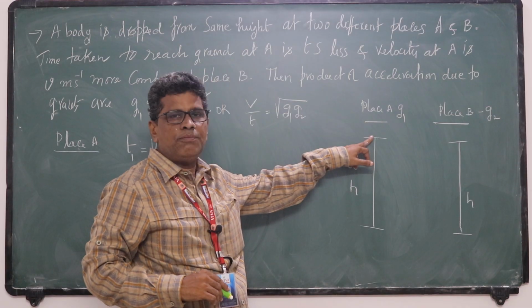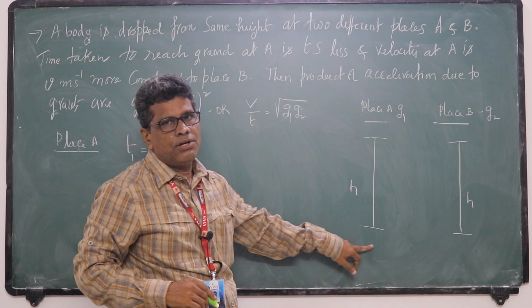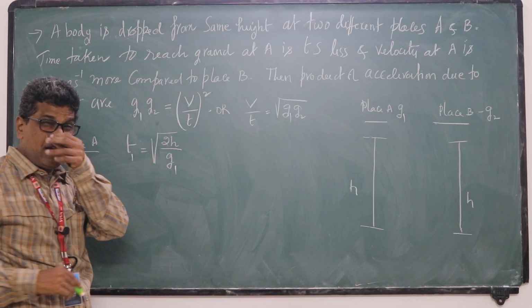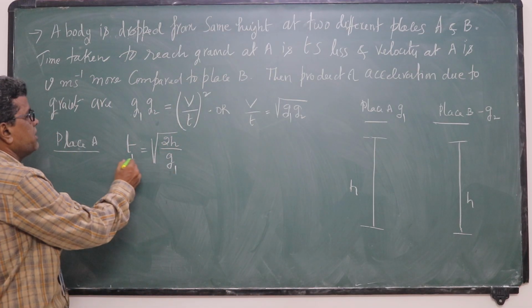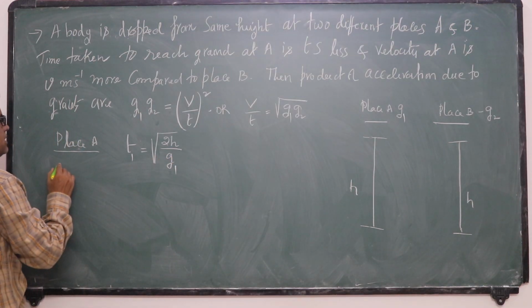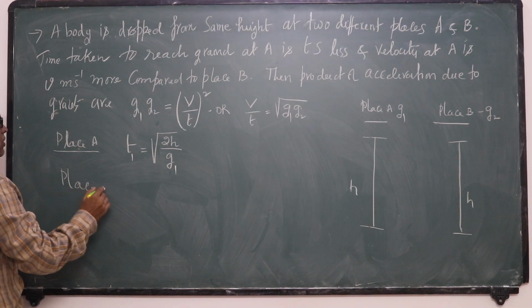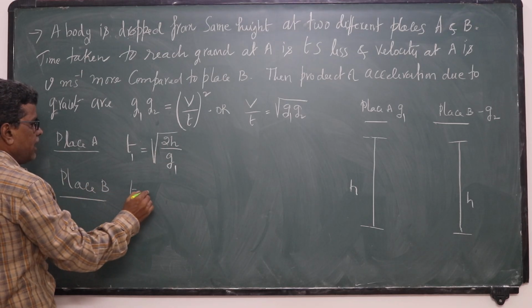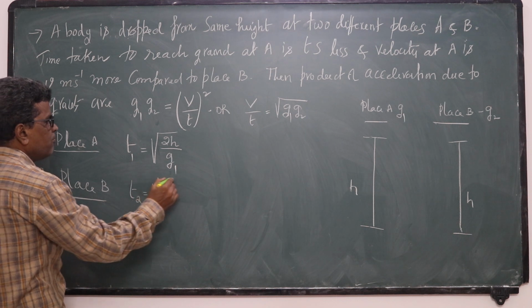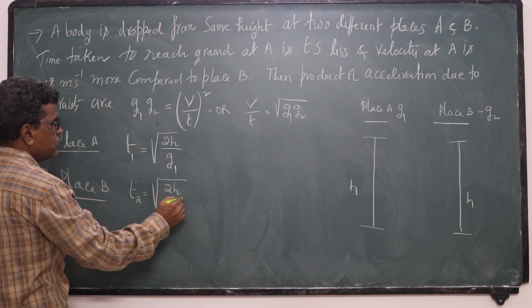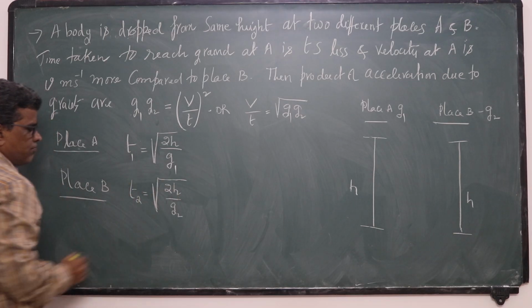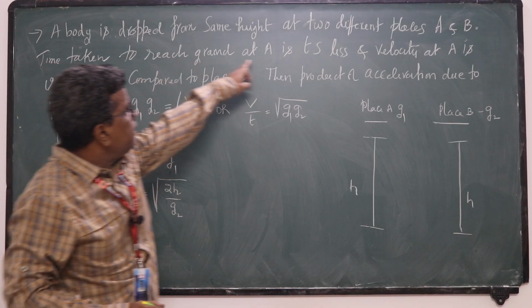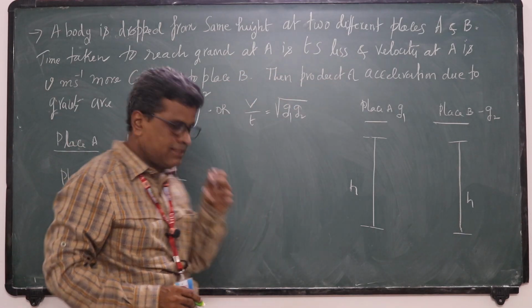A body is dropped from a height h. How much time it will take to reach the ground? Square root of 2h by g. So I am using that expression. So at place B, it takes time t2. So it is given by square root of 2h by g2. Here at place A, it takes t seconds less.